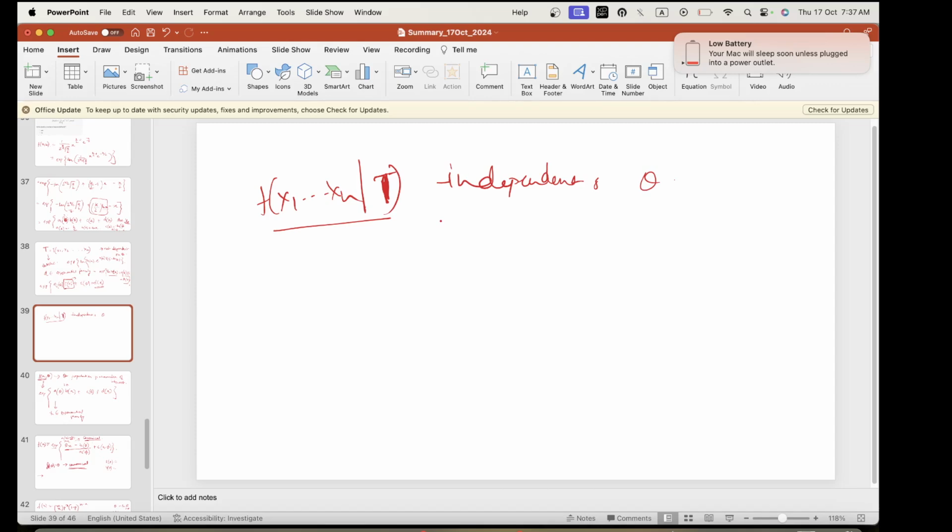If we have to infer about this population parameter theta, instead of storing n variables, I can combine those n variables into a statistic and store that instead, because given that, we can infer theta from that statistic only.